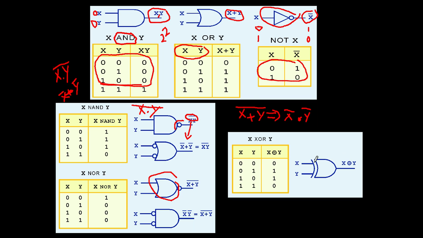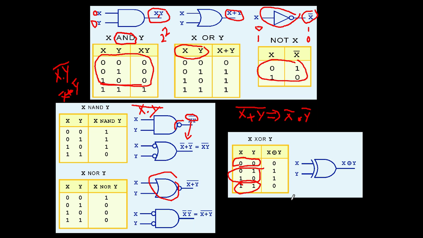And this is the XOR, and this, we can't say we distribute one of those, but this is actually what's XOR. XOR is when I have the same input, 0 and 0 gives me 0, 1 and 1 same input, it gives me 0. When I have different inputs, it gives me 1. This is the easiest way, and we're going to use it in binary division.